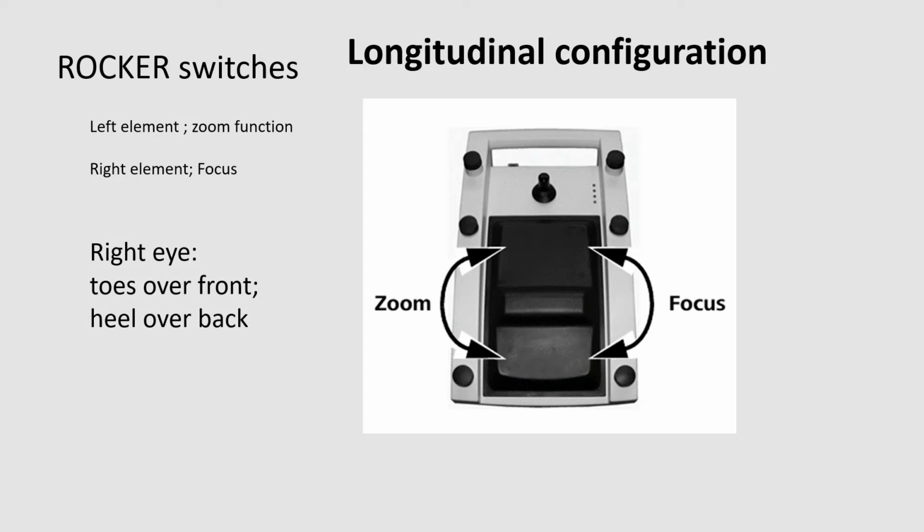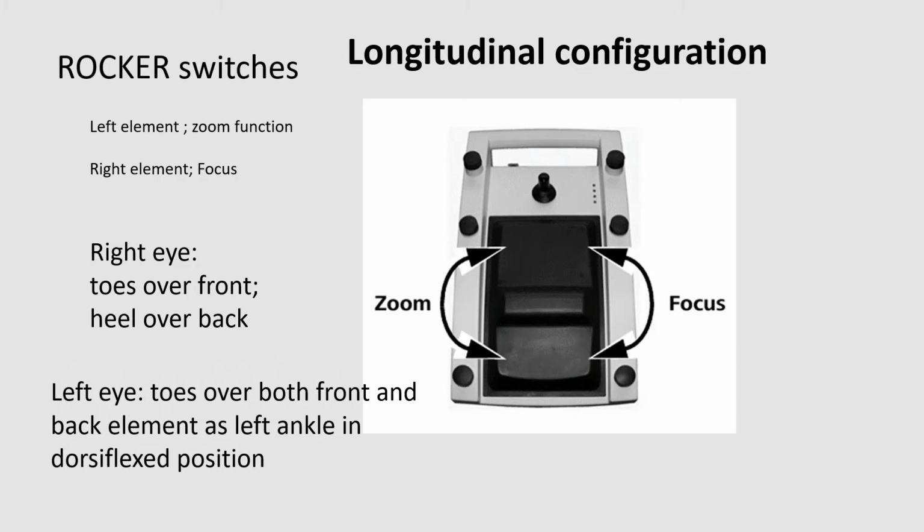For the right eye, I use my left toe over the front button and the heel over the back. For the left eye, I use the toes over both the front and back element, because when the ankle is in the dorsiflex position, it is not possible for the heel to press on the button.